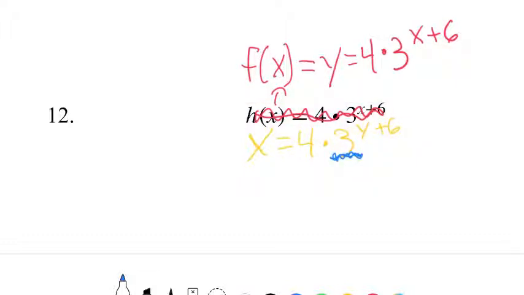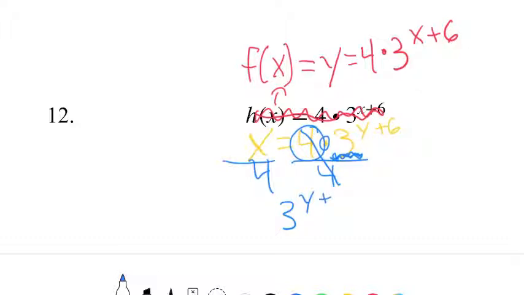We have to get rid of this multiplication and this 4. So we're going to divide by 4, divide by 4. So we're left with 3 raised to the y plus 6 equals x divided by 4.